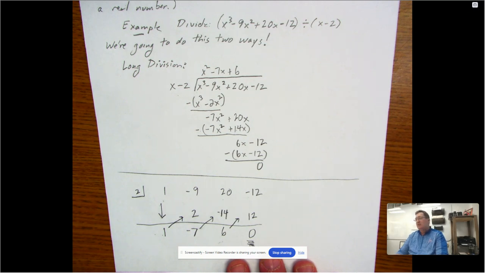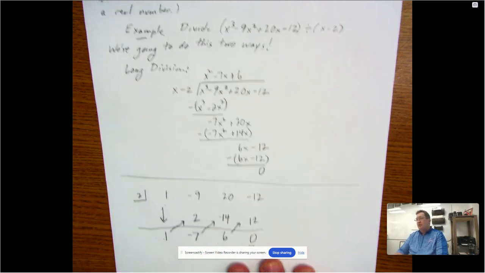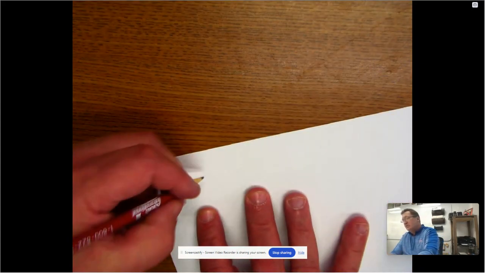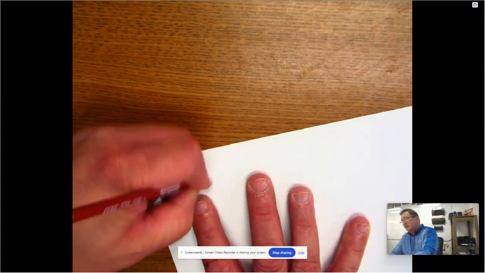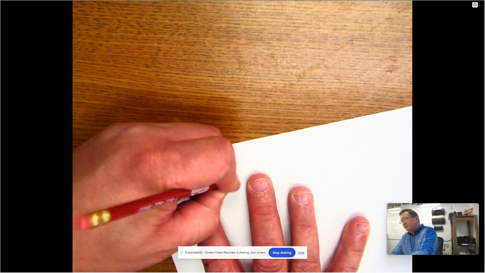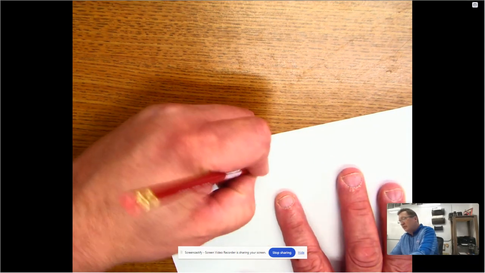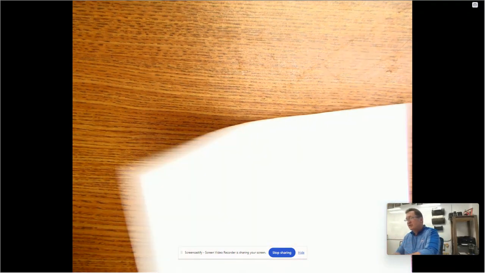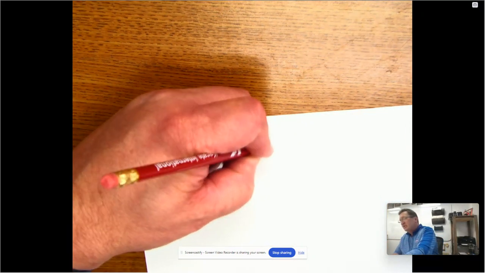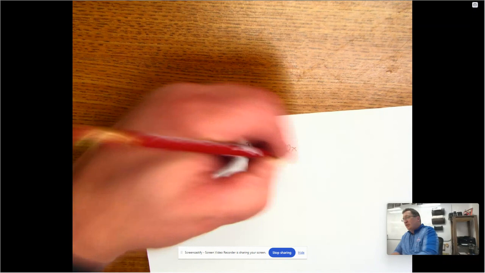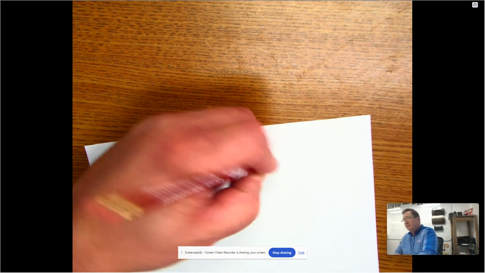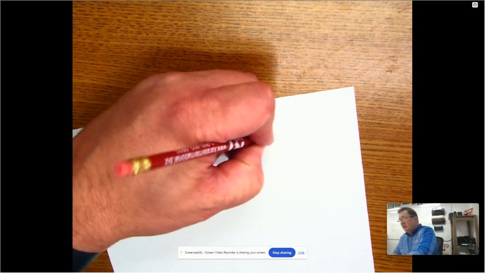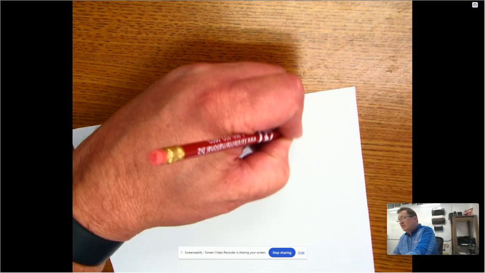But what we're going to be doing here is we're going to say find the roots of a polynomial, and the polynomial we just used is the one we're still talking about, x cubed minus 9x squared plus 20x minus 12. And we're going to have directions that look like this.